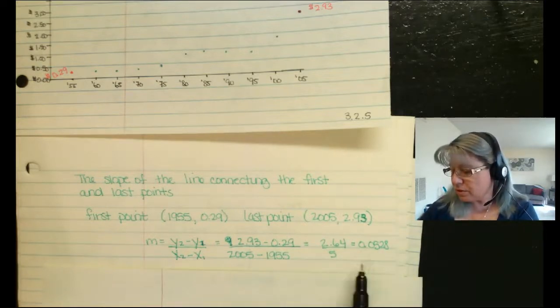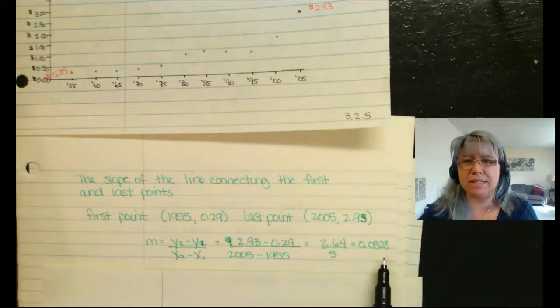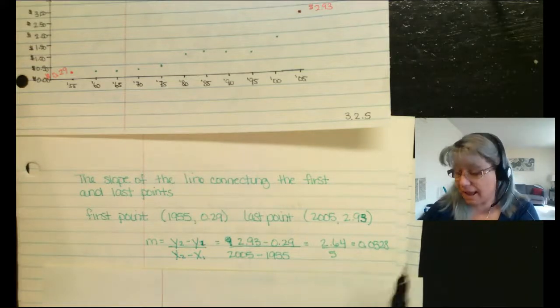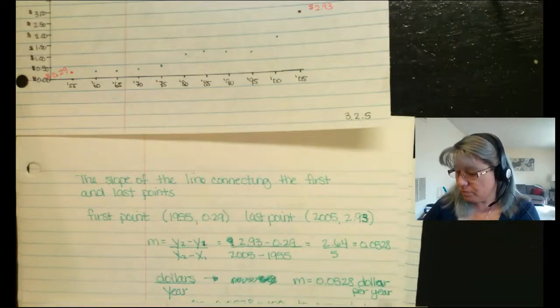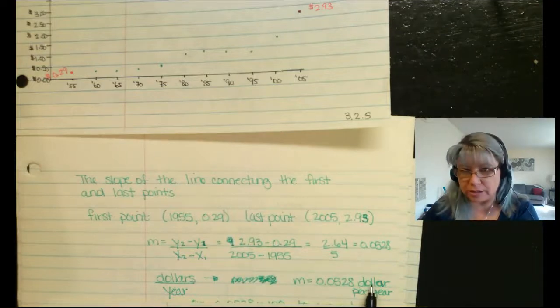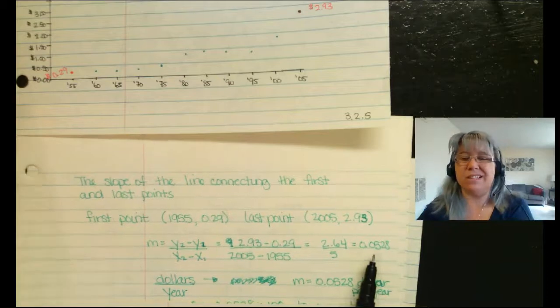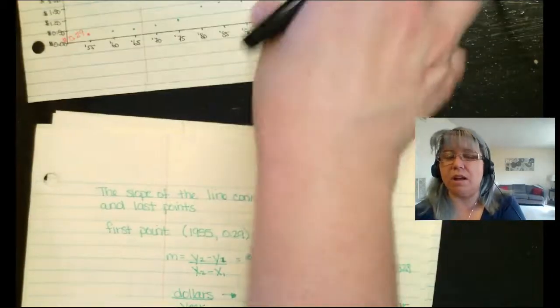When we get down to it, it's 0.0528. So what does that mean? On average, it is a change of $0.0528 per year.